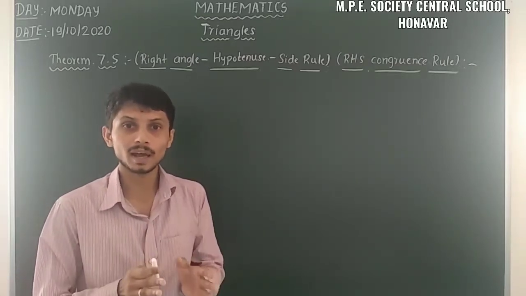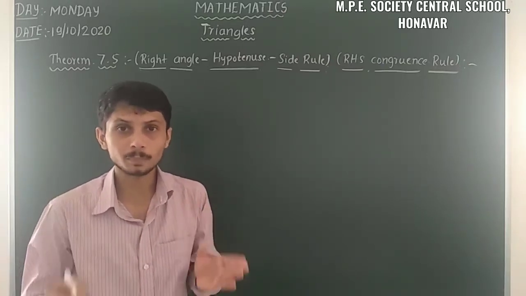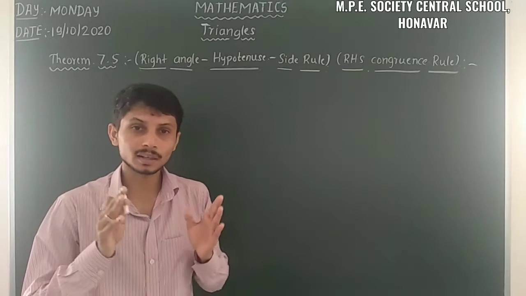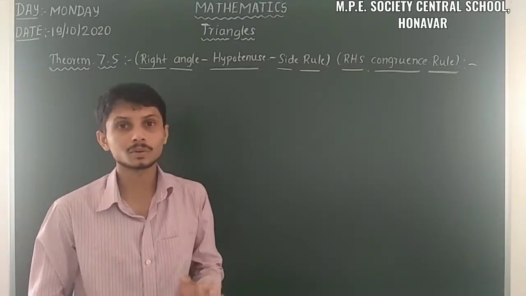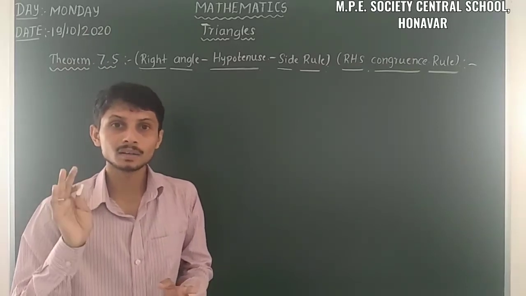That means when those two triangles are right angle triangles, the corresponding hypotenuses are equal and one pair of corresponding sides is also equal, then we consider those two triangles congruent.